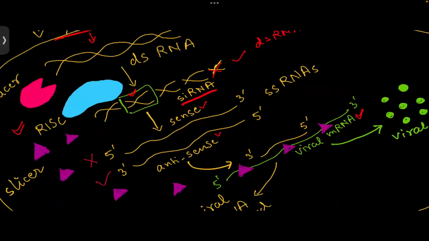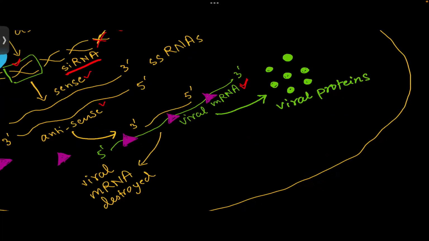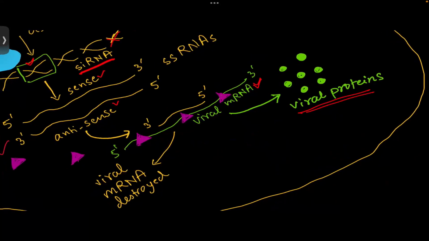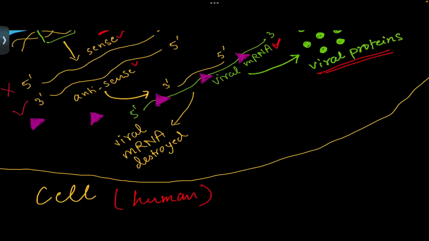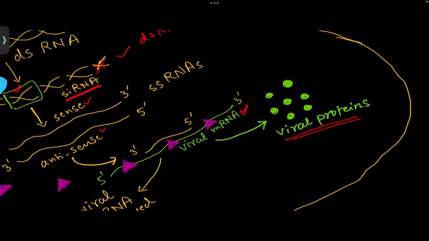If it got transcribed, the next step would be that it will be translated within the cell. If it gets translated, it will make viral proteins. And now these viral proteins, if assembled, can create many more new progeny of this retrovirus. That would mean that the human cell we're talking about has been successfully hijacked by the retrovirus, and it will not be able to do its normal functioning.